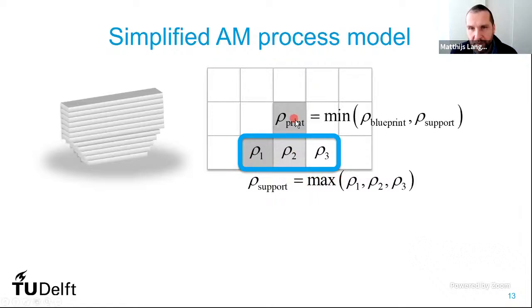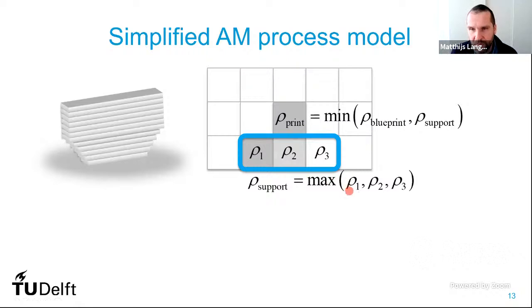And then we compare that to this blueprint density, and we take the minimum of these, because the maximum support capacity is this. So if the blueprint density is higher, it should be basically overwritten by a new density, which is the minimum of the blueprint density and this support density, so that we never print anything that is more dense than the maximum of the region that is supporting it.